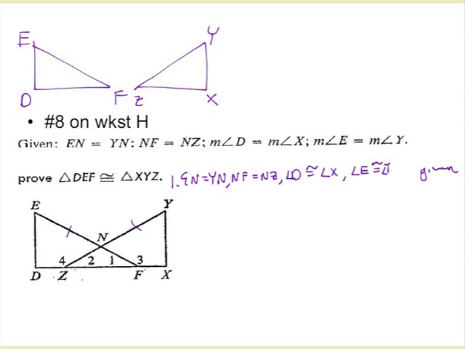Then NF and NZ, again, are not in our separated picture, but I can mark NF and NZ down in the full picture. Angle D is the same as angle X. Those I can mark up in the original picture, or the separated pictures. And E and Y I can mark in the separated pictures.